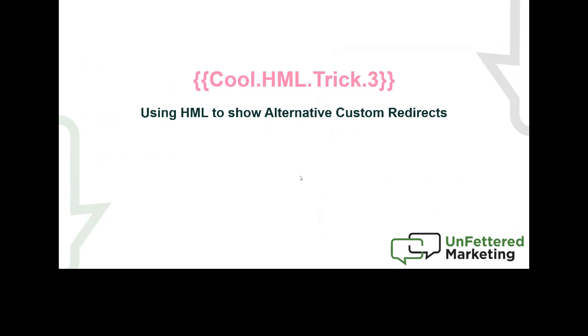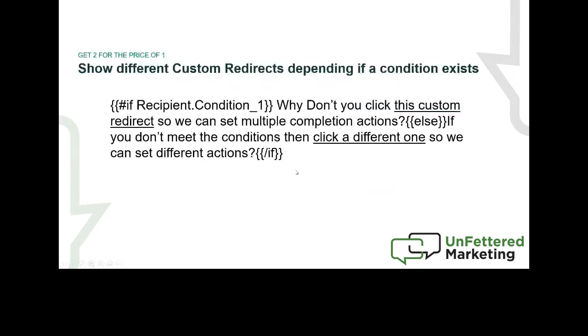Trick 3, using HTML to show alternative custom redirects. I love custom redirects as an option for getting some kind of conditional completion logic into an email. This doesn't even require HTML.